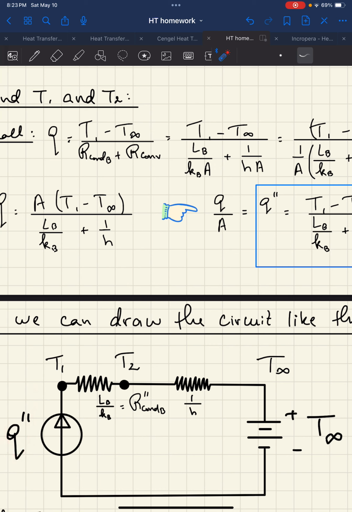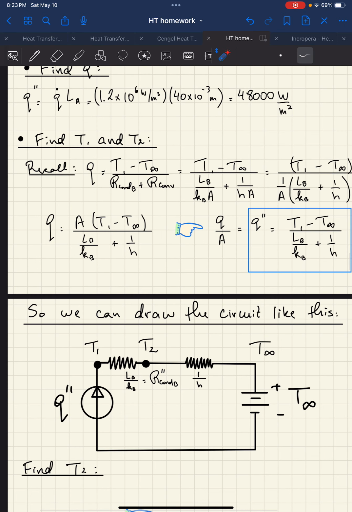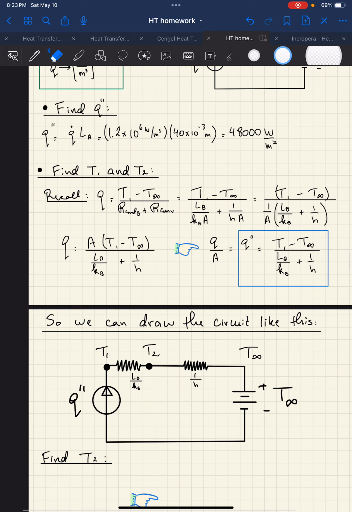All that's happening is that you're missing that area on the bottom because the area is already included here. So I did the algebra for you. You can take a look and see that that's where the area has gone. It's a little bit of a mathematical manipulation, so I redrew the circuit using the flux parameters just to make it a little bit easier to work with.